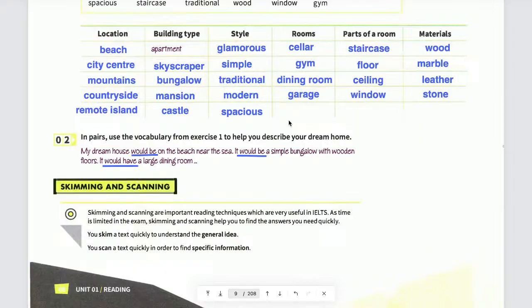I would use the staircase to go to the second floor. Here would be a large bedroom and a big window to see the sea view in the morning or in the evening.